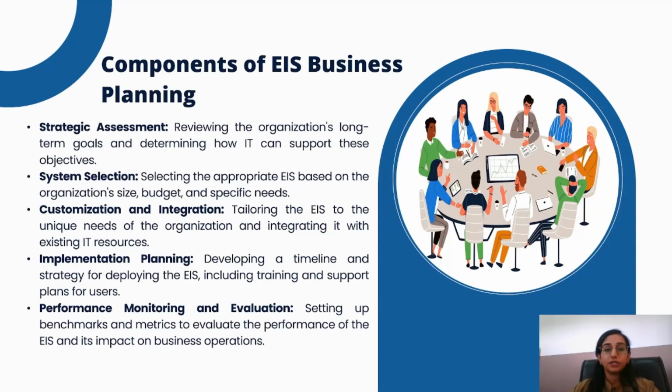The RFP should include detailed scenarios and requirements that vendors need to address, demonstrating how their system would handle specific business processes and requirements. Proposals received will provide detailed insights into the vendor's approach to implementation, training, and ongoing support, as well as pricing structures.